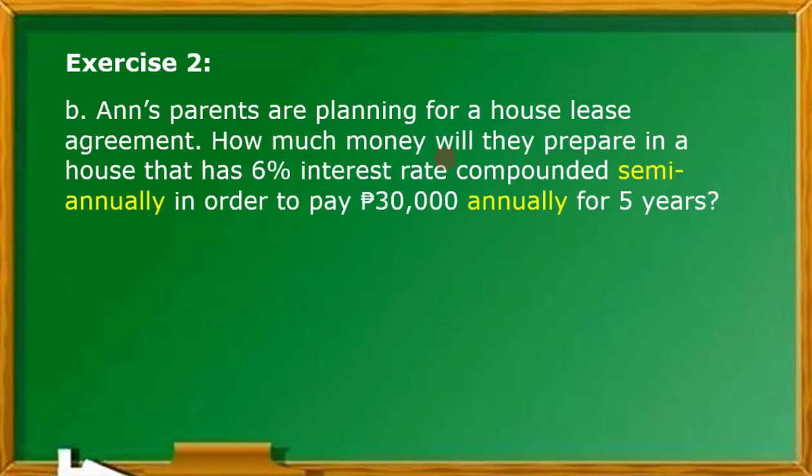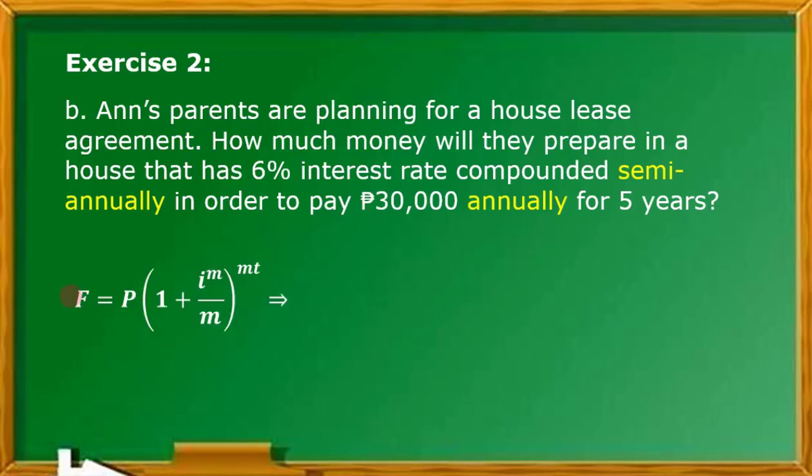Okay, exercise number 2. Anne's parents are planning for a house lease agreement, as I have read earlier. Take note of the semi-annually, highlighted in yellow, and this is annually. This time, it's the reverse process because we are given the future value and we have to find the present value.